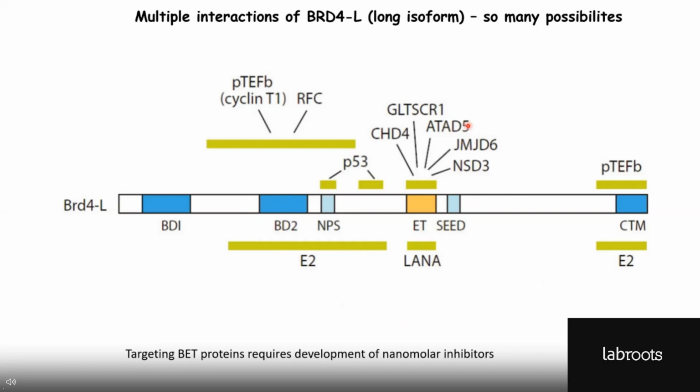There are some other transcriptional co-regulators and activators that have been identified that interact with BRD4 long isoform, and it is of interest to actually inhibit some of these activities so that you can then downregulate some of the target genes that recruit some of these transcriptional co-regulators and activators.